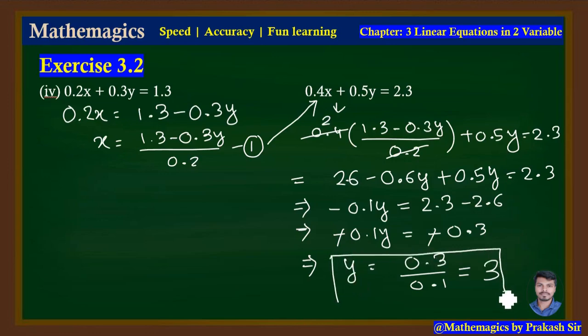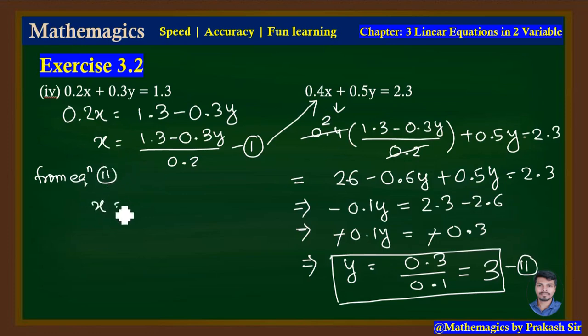So dear friends, from the second equation, we are going to put it in the first equation, that is x is equal to 1.3 minus 0.3 into y value, which is 3, whole divided by 0.2.